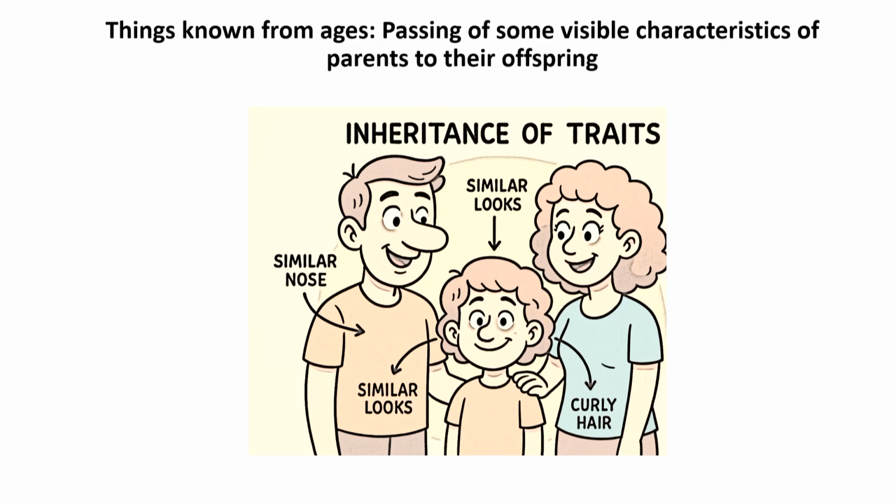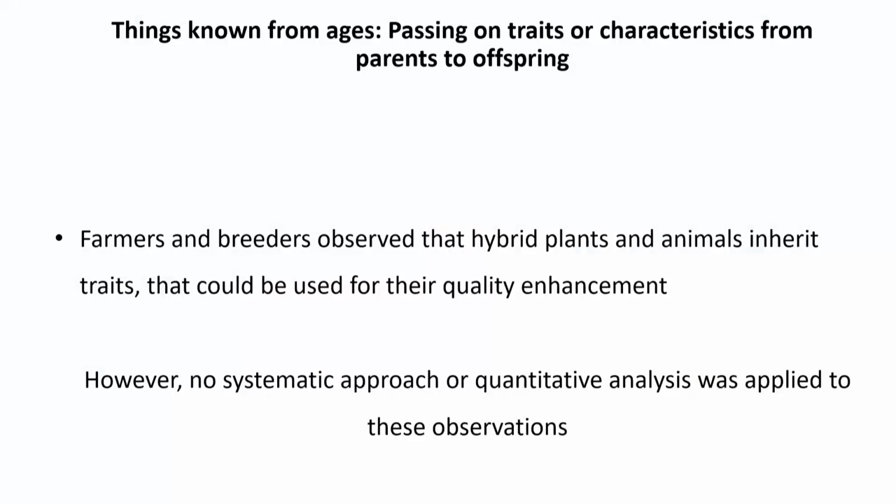This cartoon shows two traits: the father has a long nose, and the mother has curled hair, and the daughter gets a long nose as well as curled hair. So what I'm trying to say with the help of this cartoon is that traits pass on from one generation to another. That was known from ages, right?